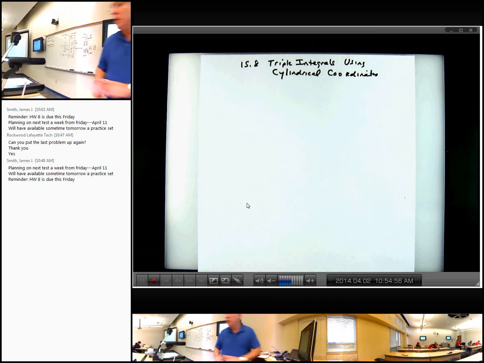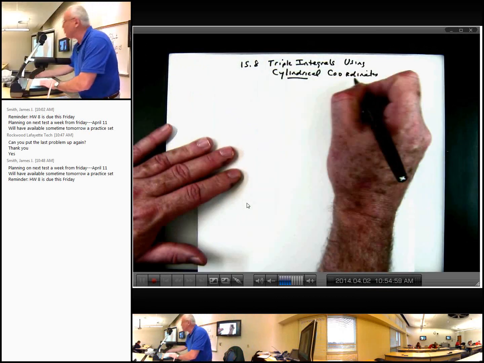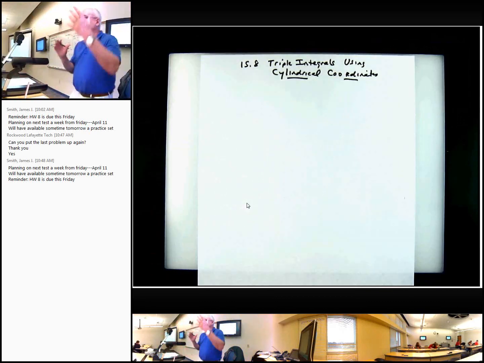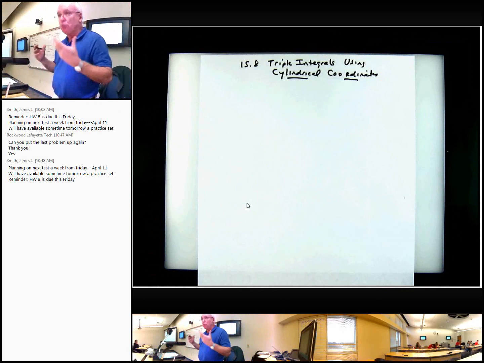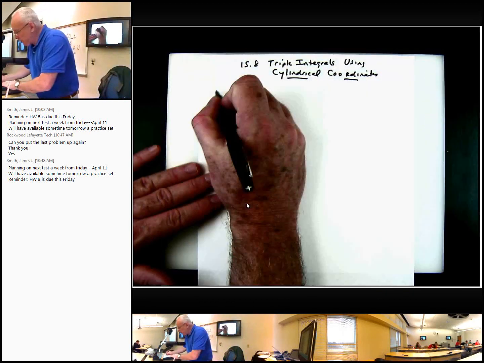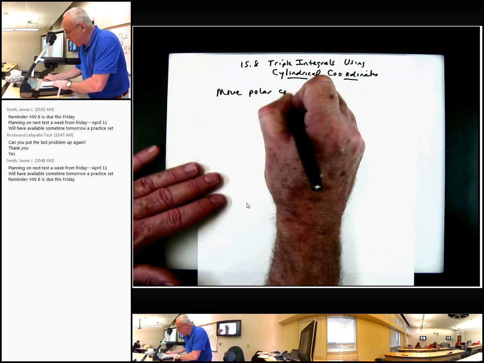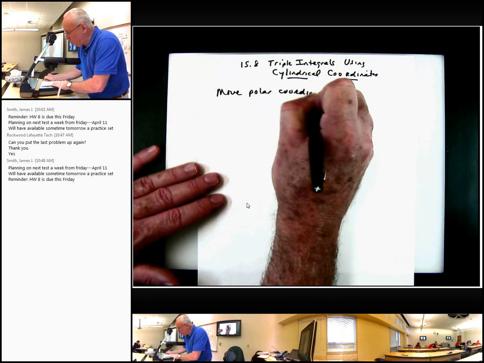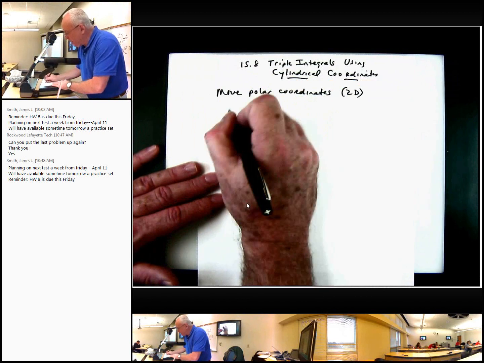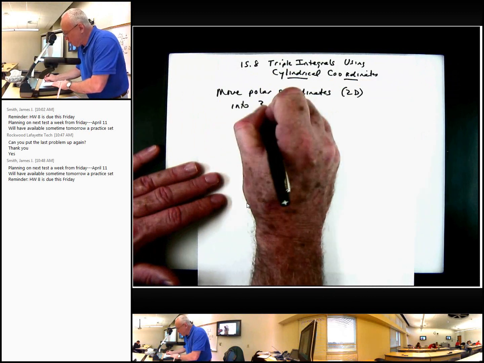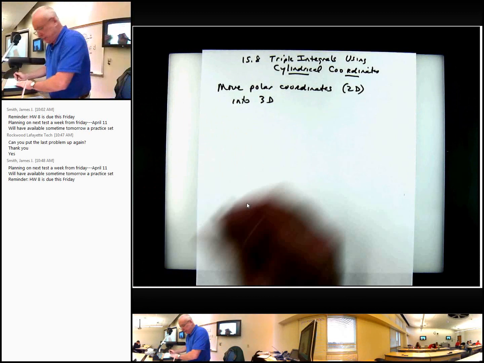Okay. Now, what basically these cylindrical coordinates are is they're taking the polar coordinates and moving them into 3 dimensions. Because remember, polar coordinates are 2-dimensional. We're moving them into 3 dimensions with the use of the cylindrical coordinates.